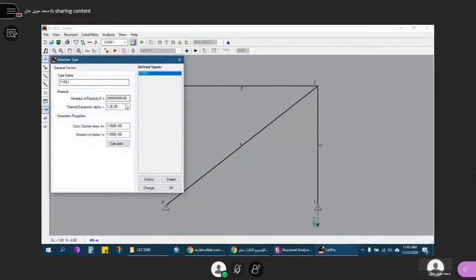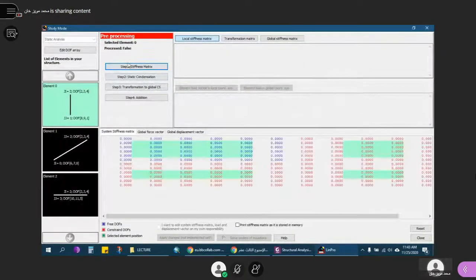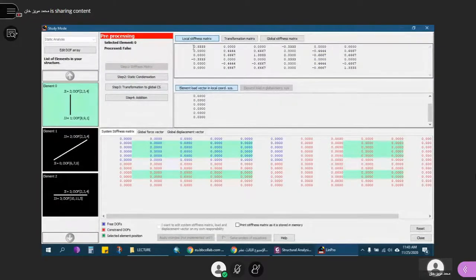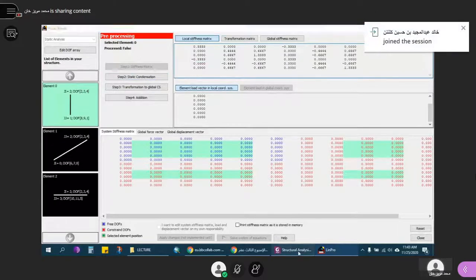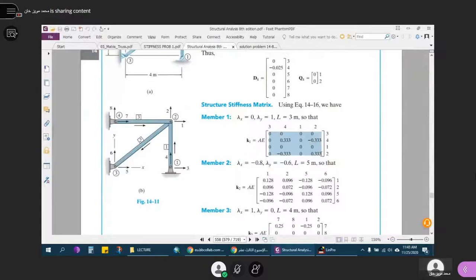I'll show you one more thing. Let's put this E value as 1 so that AE equals 1, and now let's see what value we get here. You can see we got 0.33, 0.44, 0.667. That's because I put AE equal to 1 so that you can get the stiffness matrix similar to the one in the textbook, instead of the big values.